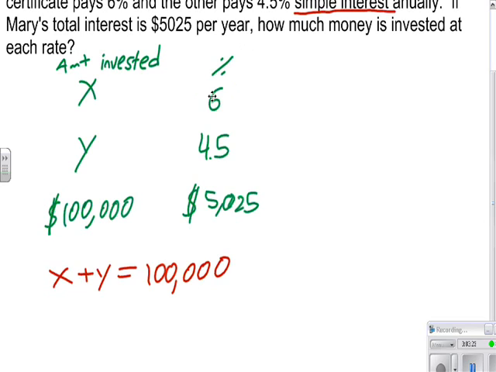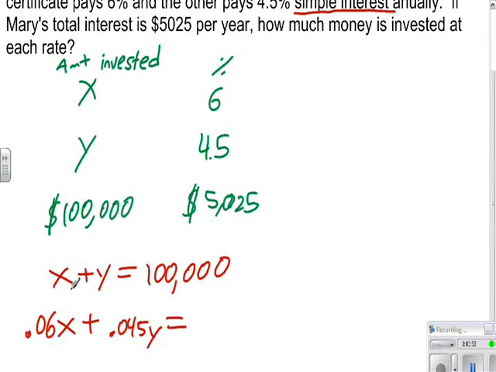And secondly, the amount of money that we earn per year from each investment totals 5,025. So the amount of money that we earn from the first investment would be 6% times x, so 0.06 times x, plus the amount we earn from the second, 4.5% times y, 0.045 times y, the amount invested.